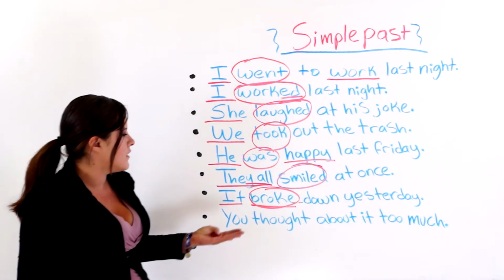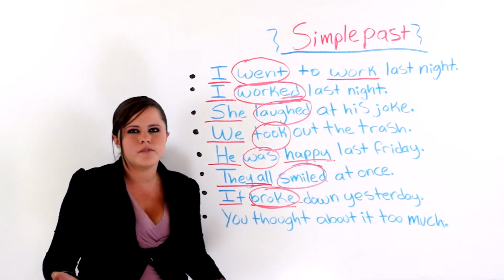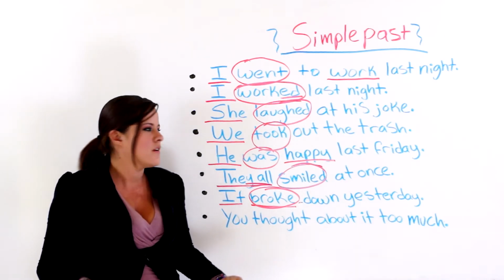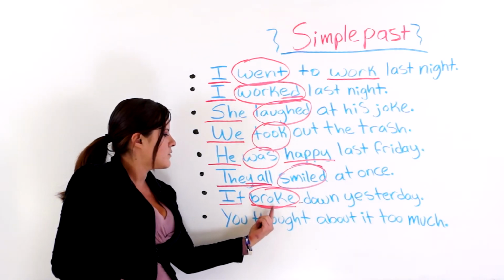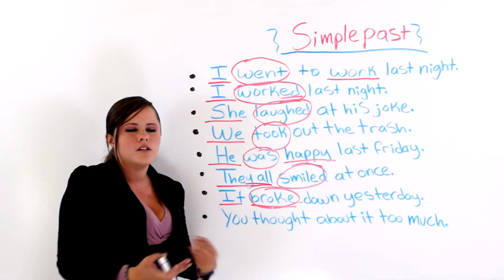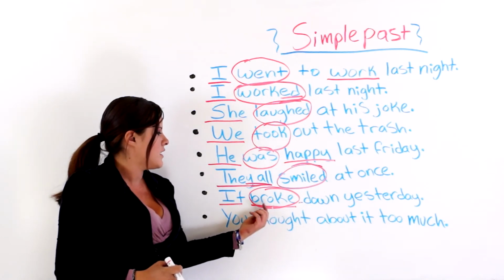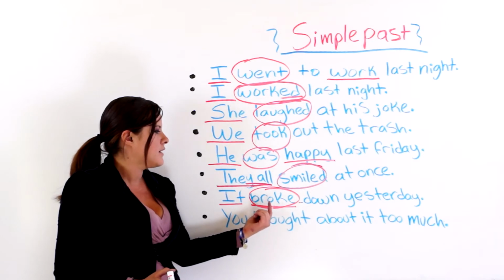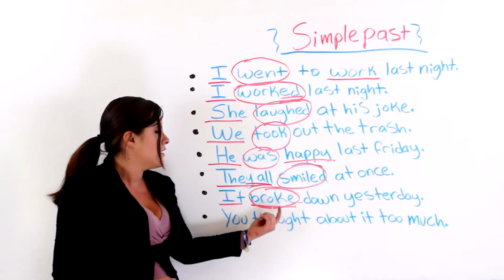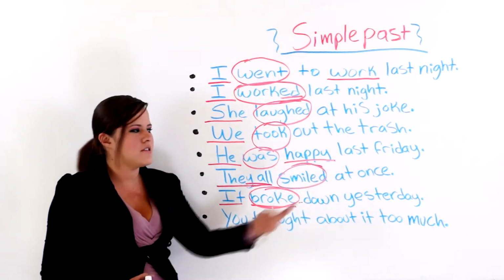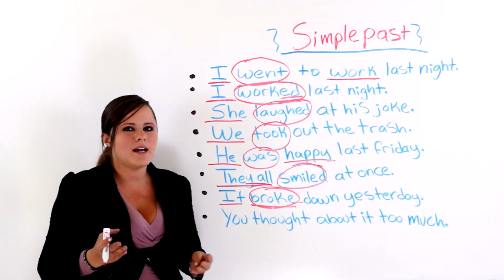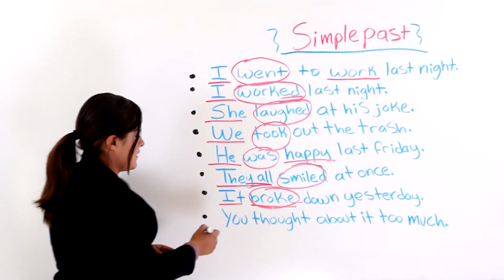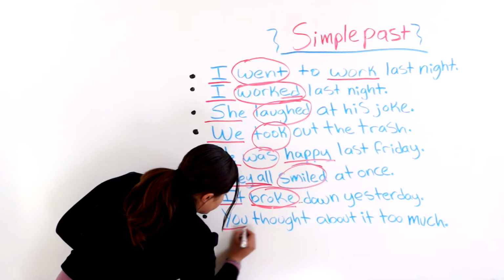When you're using phrasal verbs or two-word verbs or three-word verbs, the first word is the one you're gonna change into the past, okay? Instead of saying it break down, because you cannot say it break downed, okay? It broke down yesterday, okay? Simple past, simple past. Next one, you.